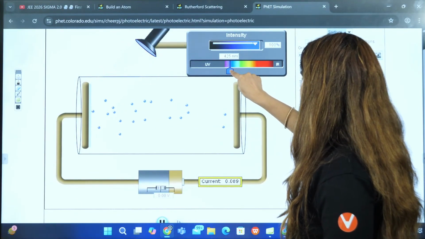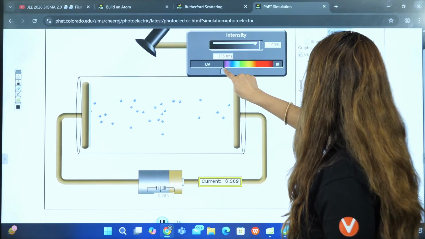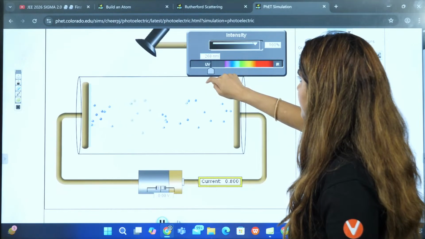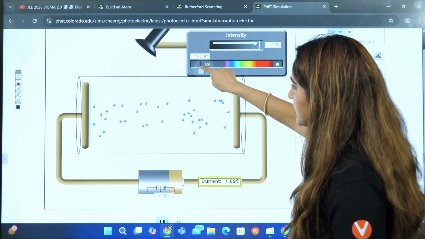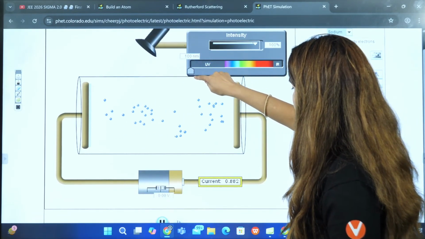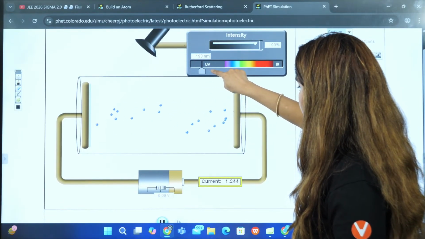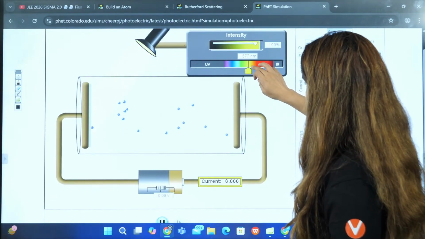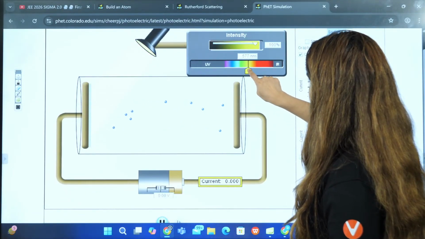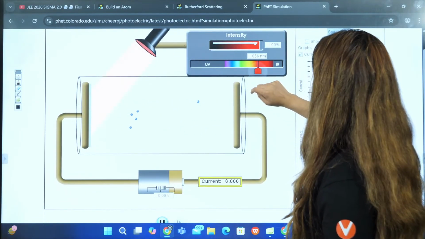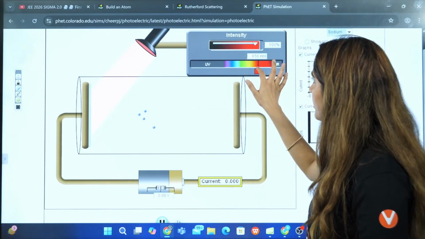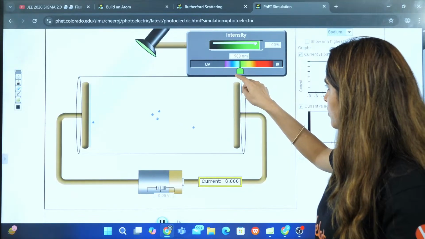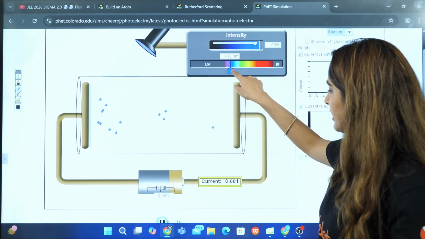If you see this here, the current at one point will become constant, right? Let's see, you have sodium. Nothing at first, right? 0, 0, 0, and then it is increasing.